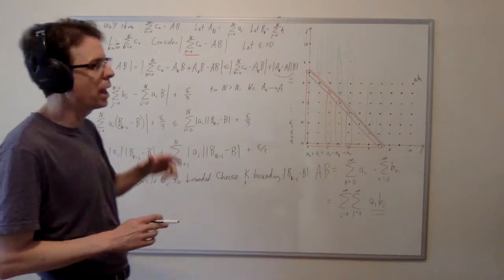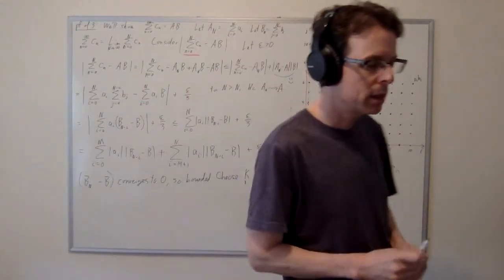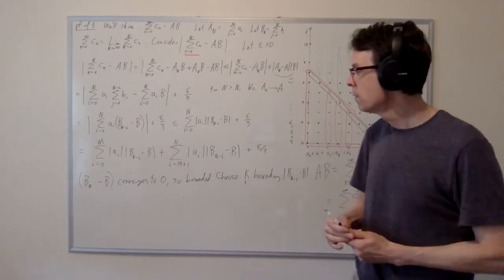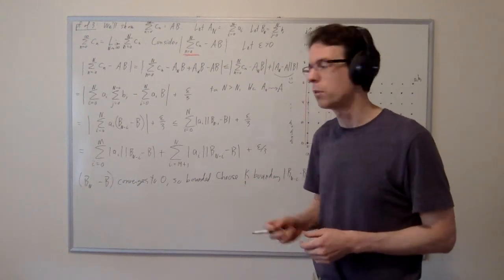So who cares? Well, we have an assumption about AI. We assume that AI is an absolutely convergent series. And so those partial sums form a convergent series.